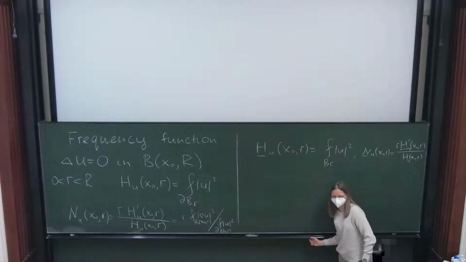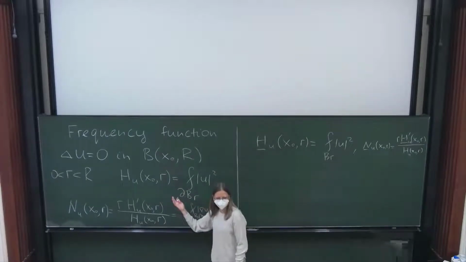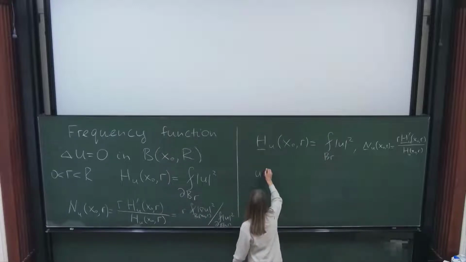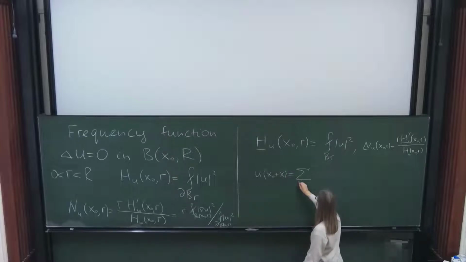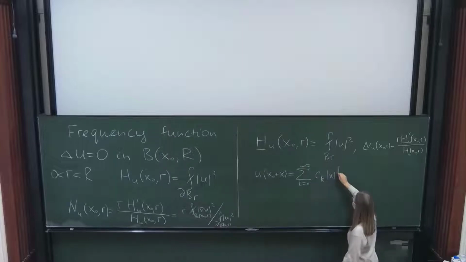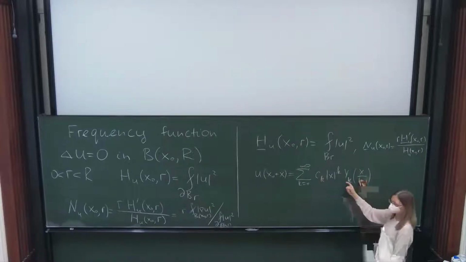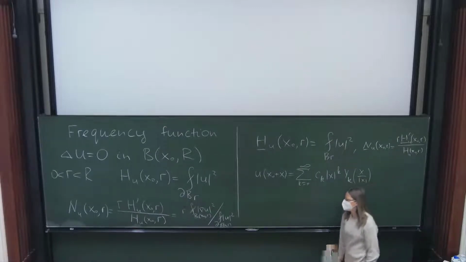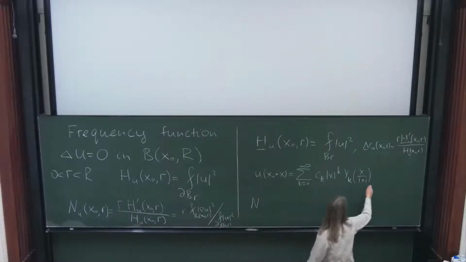And let me use the fact that I'm talking about harmonic functions now. So I'll take the expansion in spherical harmonics of my u and write these quantities using these coefficients. Here Y_k is a homogeneous harmonic polynomial of degree d, and then it's easy to check that it is also normalized.